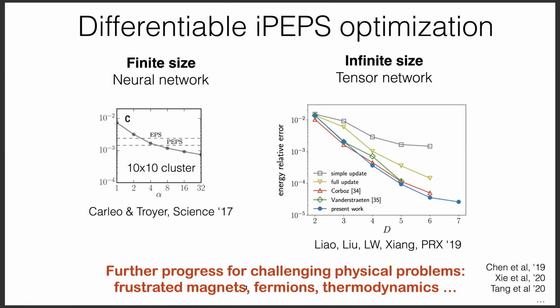Okay. So there was one application along this line, basically applying that to the J1-J2 model that has a sign problem. Again, this is a typical problem that people wanted to study with this class of technique, tensor networks.